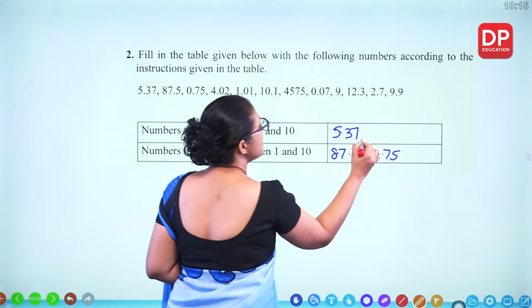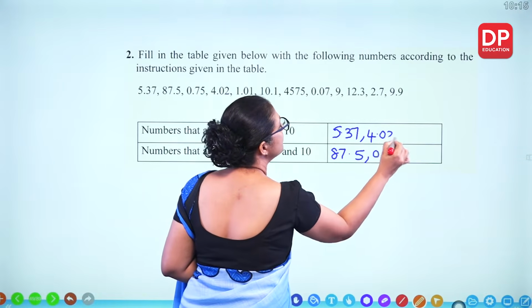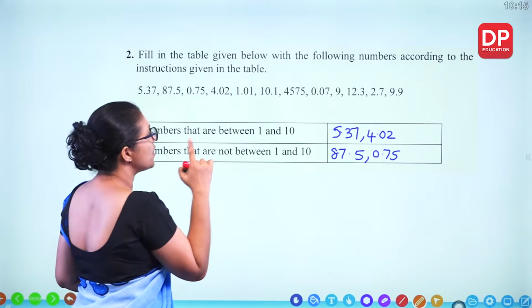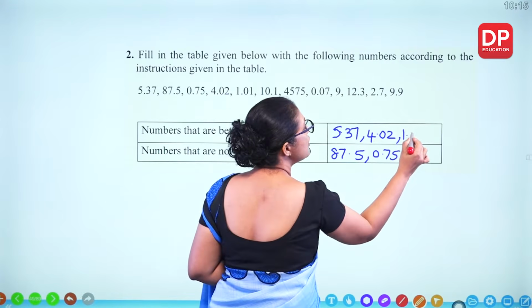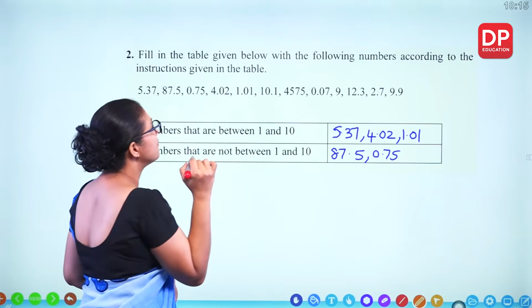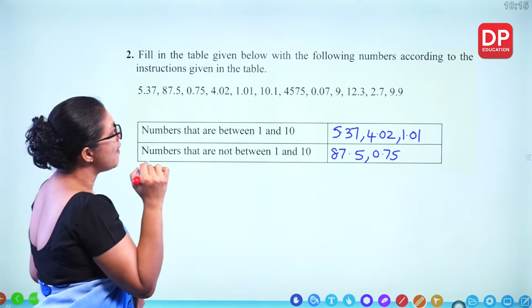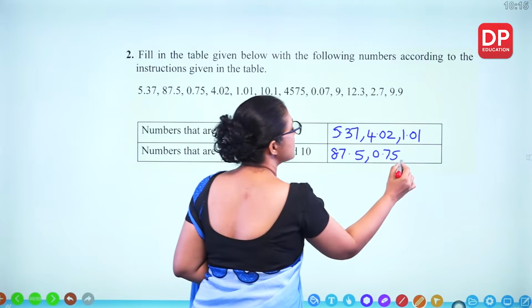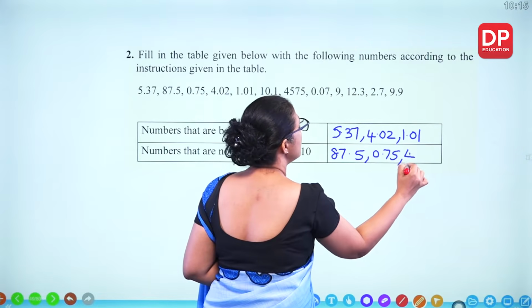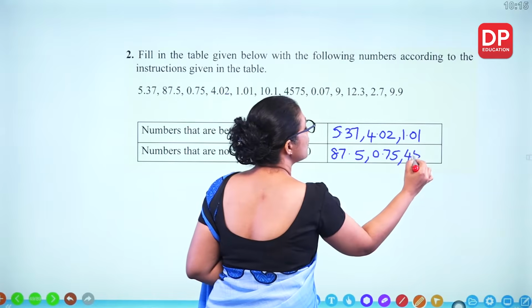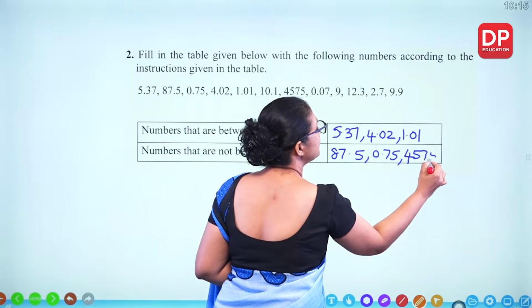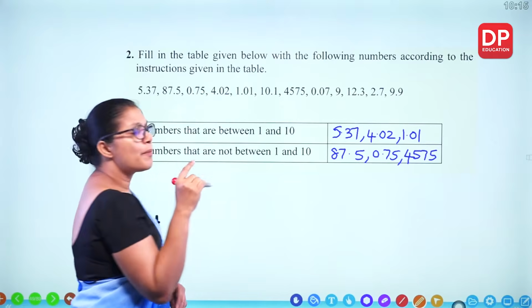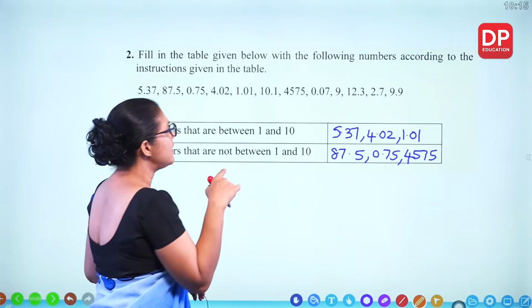4.02, it's in between. 1.01 also in between 1 and 10. 4,575, it's outside. So 4,575. 0.07 is less than 1.